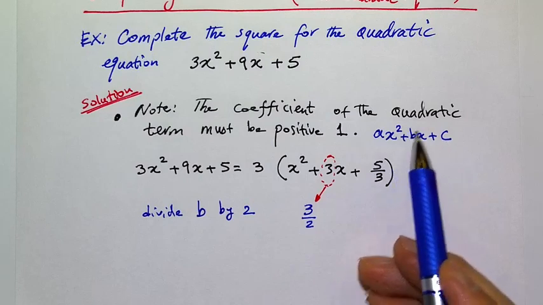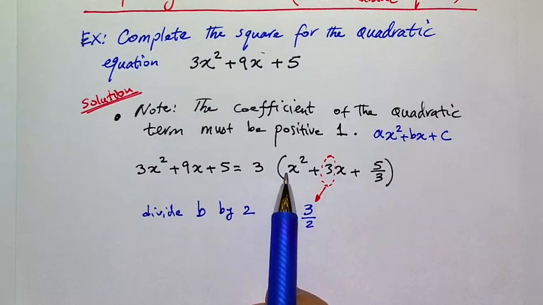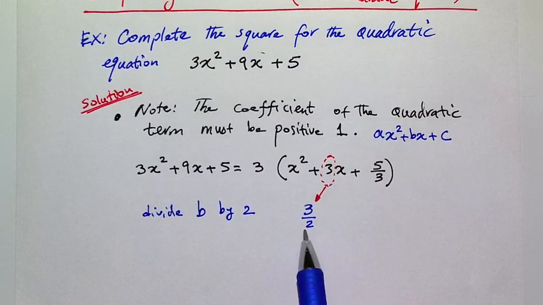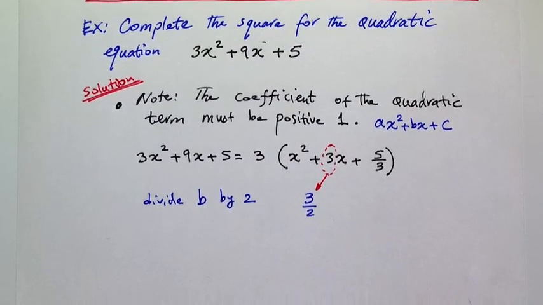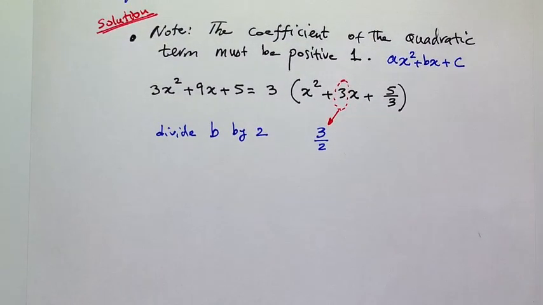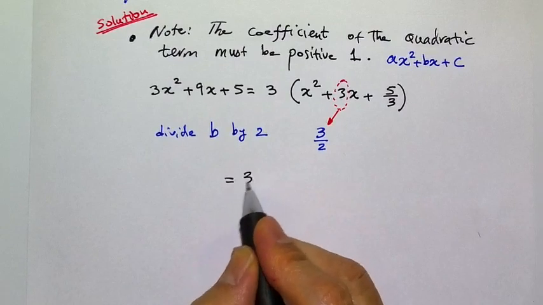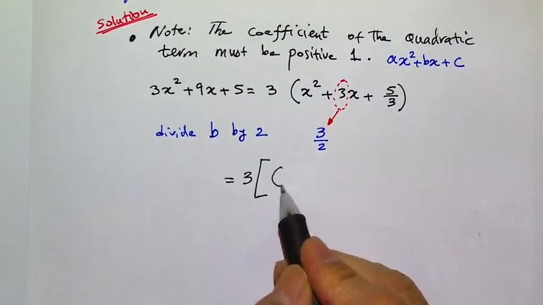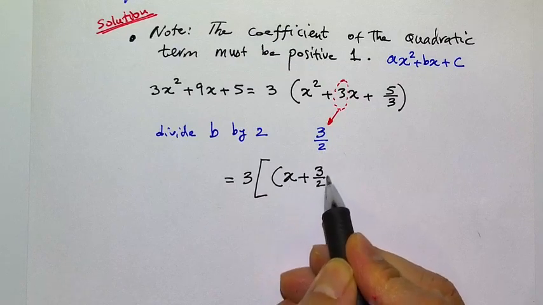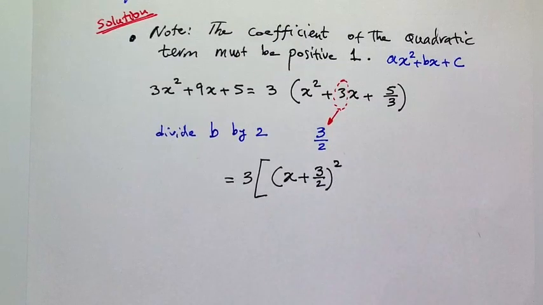So once we have the coefficient of the quadratic term as positive 1, whatever b is, we divide it by 2. In this case, we end up with 3/2. Then this is positive 3/2, so x plus 3/2 squared, right?